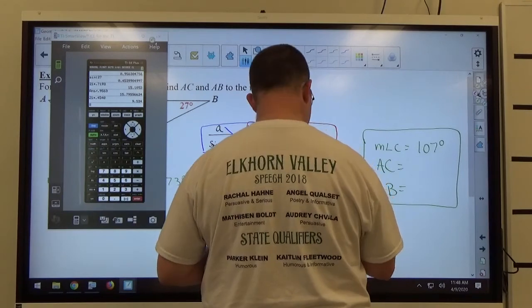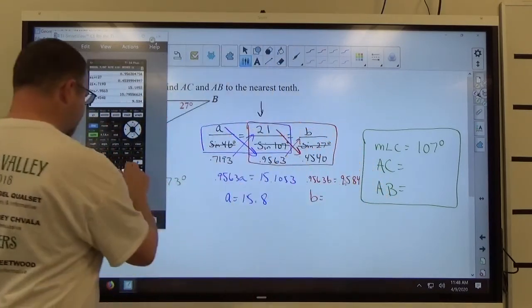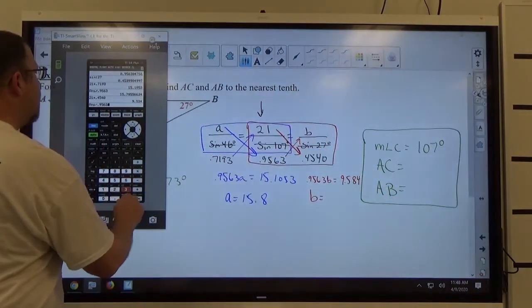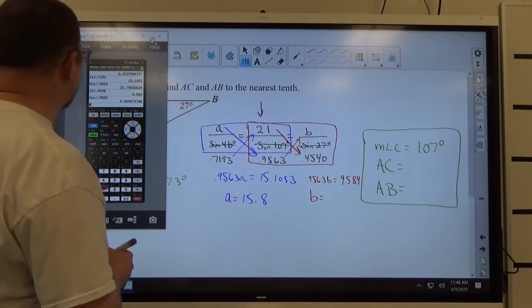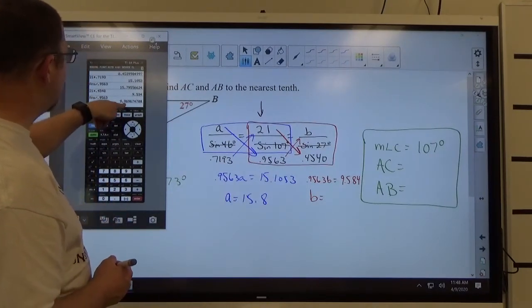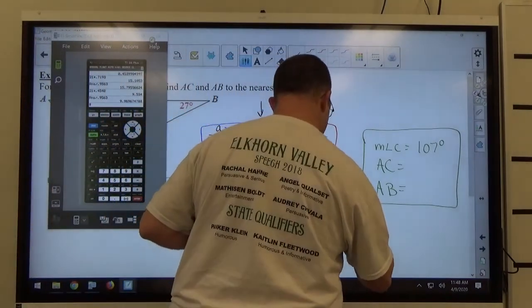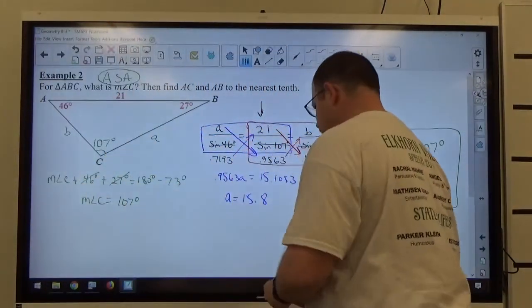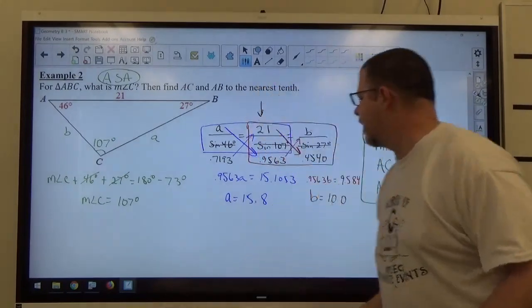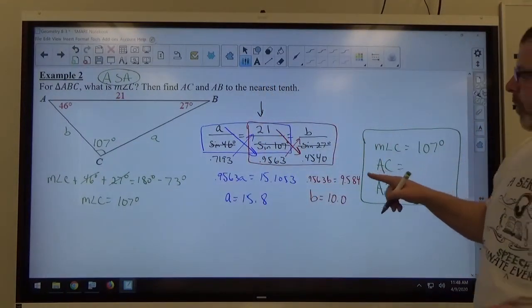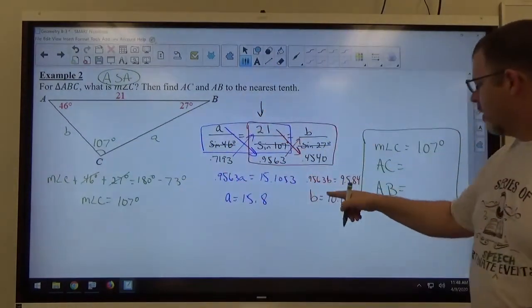Divide both sides by 0.9563. And that's going to be 9.96. That 6 makes the 9 go up to a 0, so it's 10.0 if we go to one decimal place, the nearest tenth. So, just like that, we've got all the information we're supposed to get. A is 15.8 and A is BC.